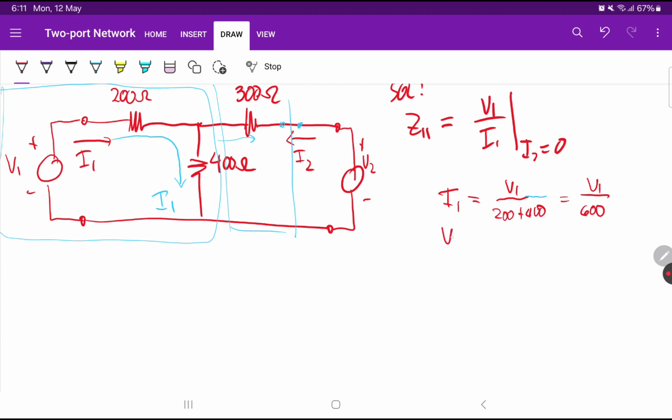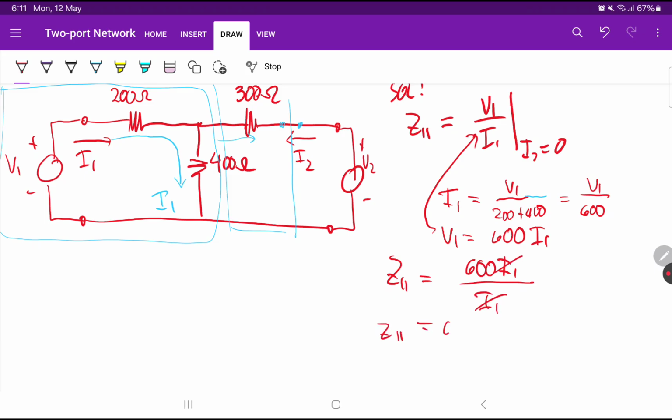So if I solve for V1, it will be equal to 600 times I1. So if we substitute this here to solve for Z11, our Z11 will be equal to 600 I1, which is the V1, divided by I1. And if you cancel that out, therefore Z11 will be equal to 600 ohms. So this is our first parameter. Z11 will be equal to 600 ohms.